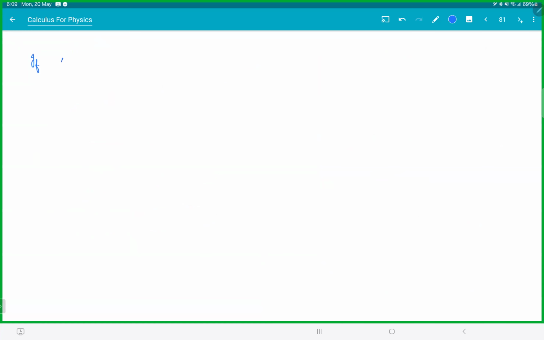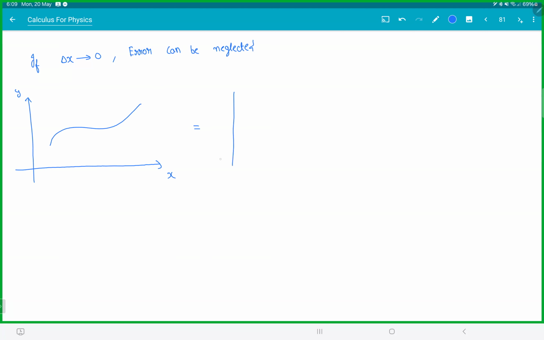If the delta x tends to zero, the error can be neglected. So this is the whole story again. You make the rectangle so thin, we can almost neglect the error. So what you're suggesting is this curve which is there. So you're trying to draw it like this.